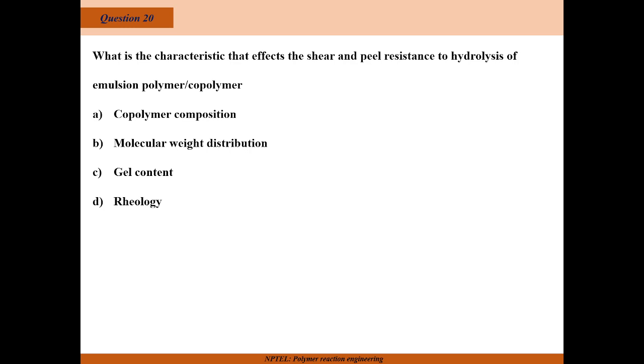Rheology, but shear and peel. Yes, sure, because with rheology we relate shear with respect to the viscosity. But what about resistance to hydrolysis of the polymer? Okay, here we are talking about the resistance to hydrolysis. So which one do you think is the answer?